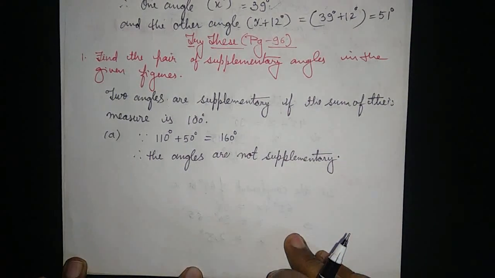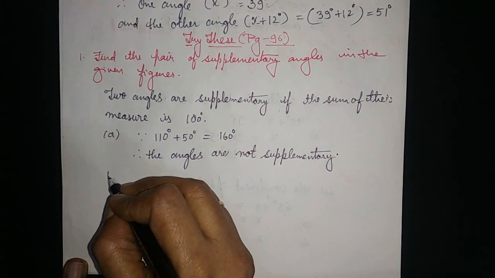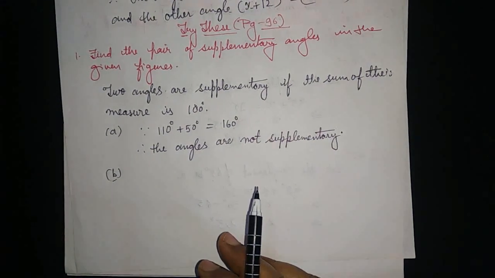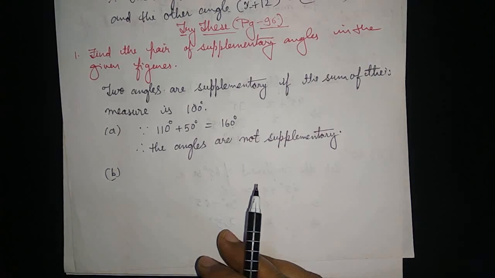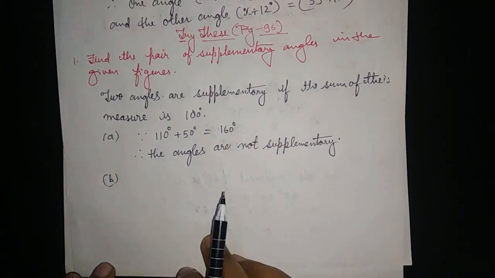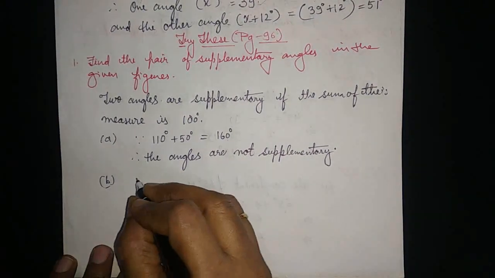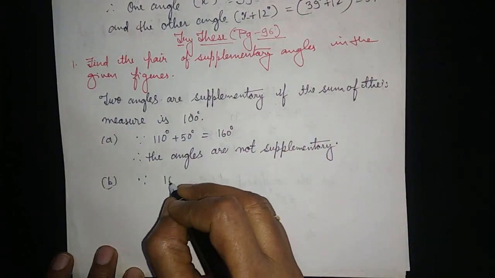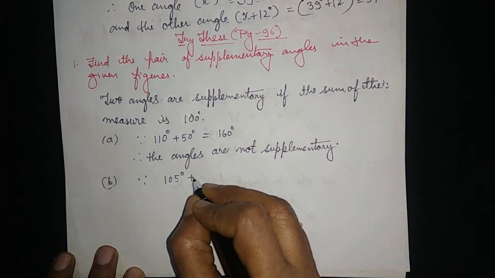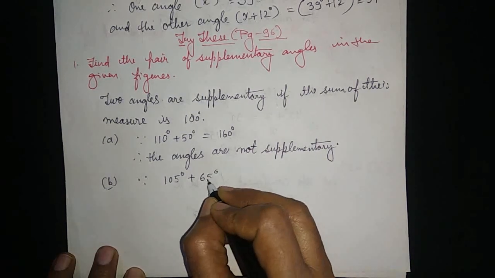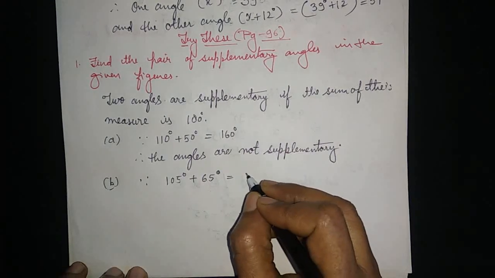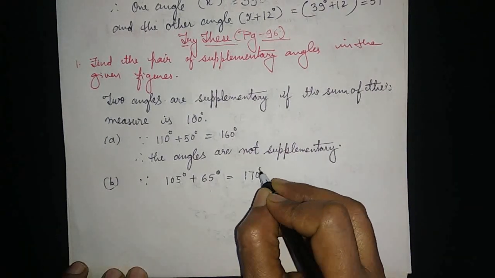Okay, now we will solve B part. The measure of the given angles are 105 degree and 65 degree. Since 105 degree and 65 degree we will add, and after adding we will get here 170 degree.